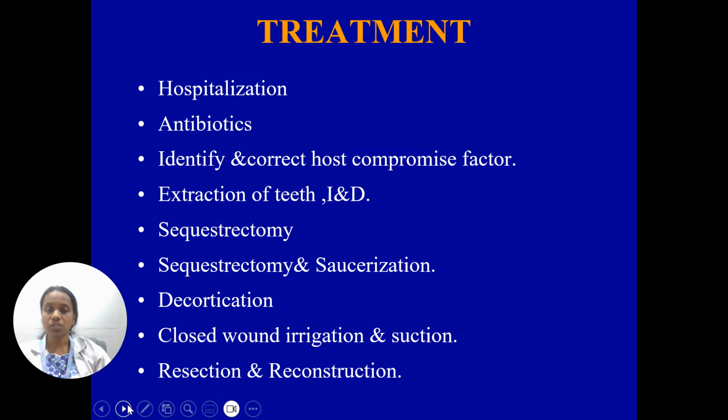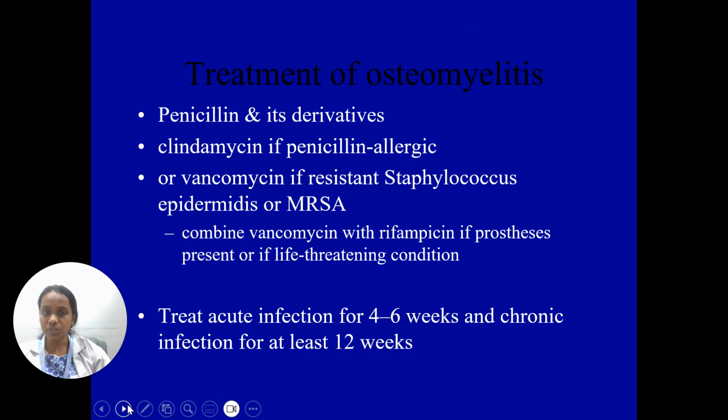Extraction of the teeth, incision and drainage. Sequestrectomy is nothing but removing the dead portion of the bone, that is the sequestrum. Sequestrectomy and saucerization, decortication, closed wound irrigation and suction, and resection and reconstruction are few of the options.